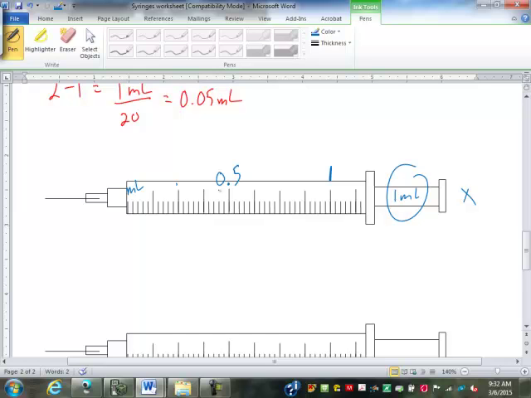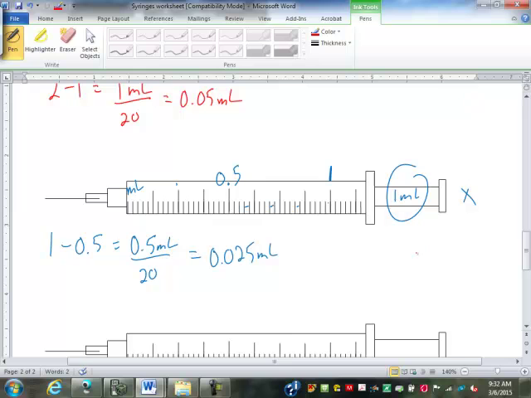This one we would have to calculate the amount per space again, but 1 minus 0.5 is going to be 0.5 milliliters. It would still be 5, 10, 15, 20 spaces, which makes each space 0.025 milliliters, which makes this one a little bit harder to deal with.